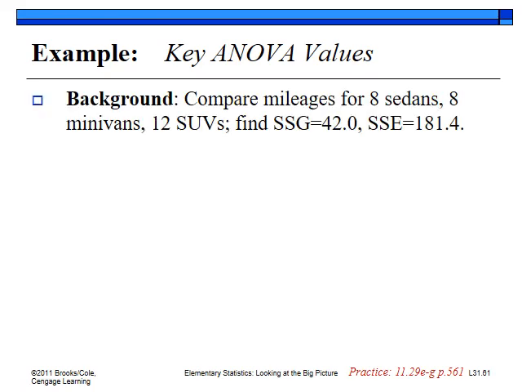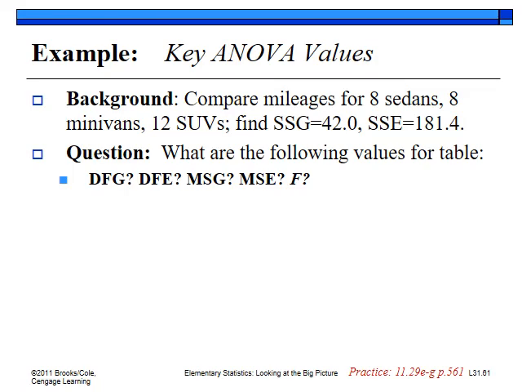Now, let's look at some key values for analysis of variance. Let's say that we're looking at different classes of cars, sedans, minivans, and SUVs. Once we compute the sum of the squares among the groups and the sum of the squares for errors, we get 42 and 181.4. So what goes in the table?